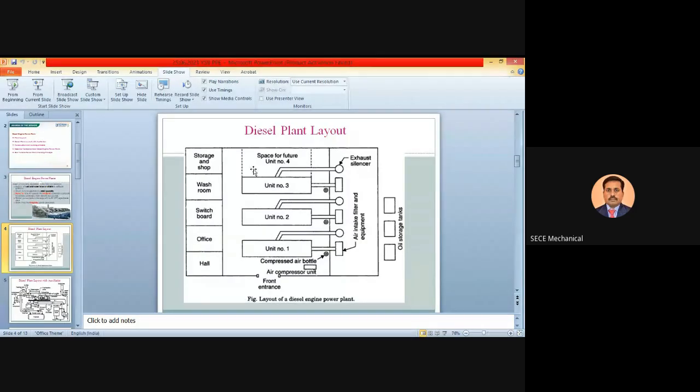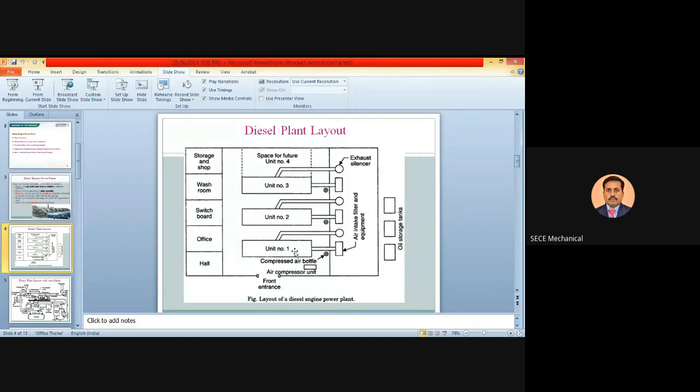So these 4 generators produce different power, and all that power will be combined together with the help of a grid system, and at that point the power will be delivered. In this way we can achieve a larger amount of power.